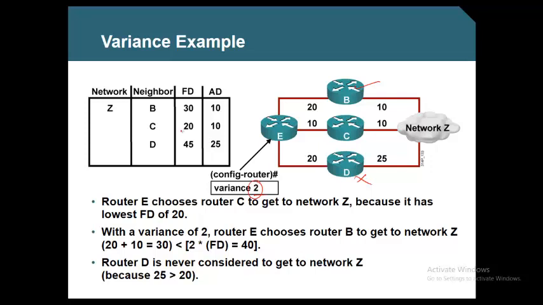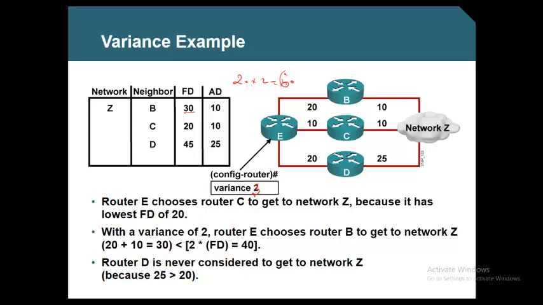So this is less than 40, this will be used. If I put the variance 3, it will be 60. Will this path be used? It won't be used. Why? Because it is not even available in the topology table for consideration.